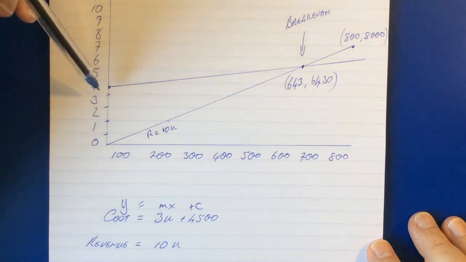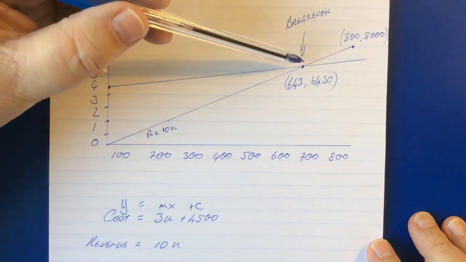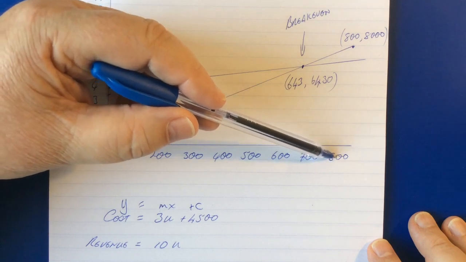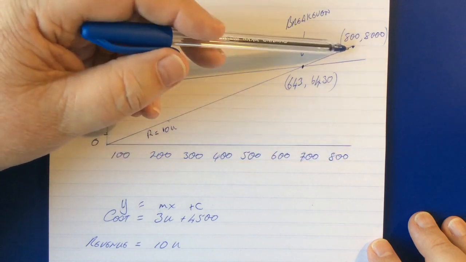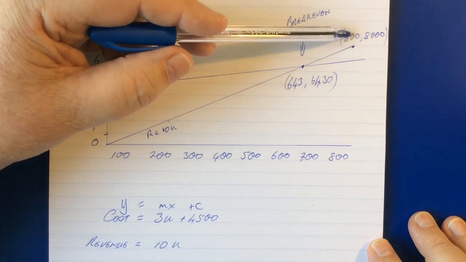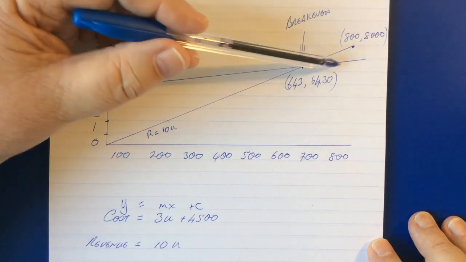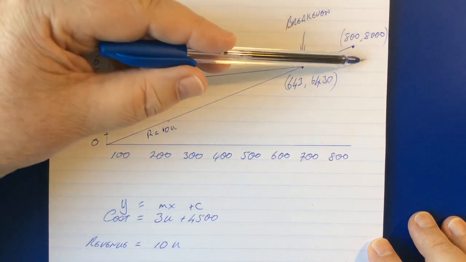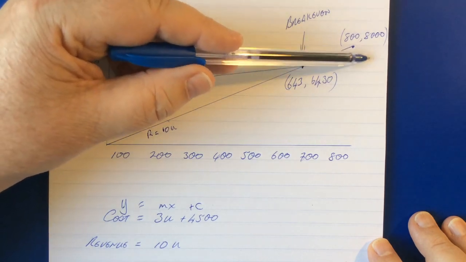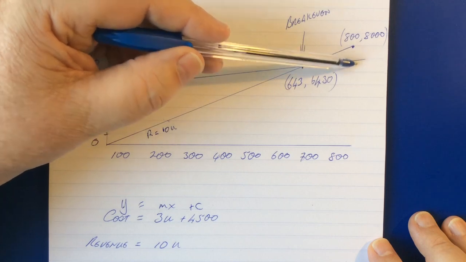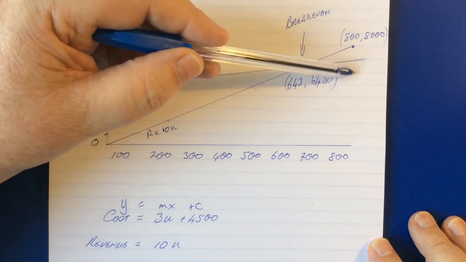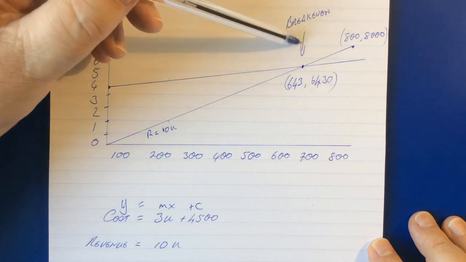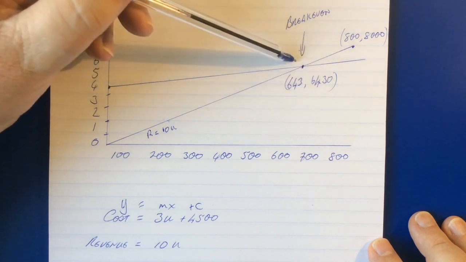When I graphed these, I went out to 800 units for each, and I got my graph for costs running out to here, which I haven't bothered to work out exactly, because that's not part of the question. The question was, what is the break-even point?